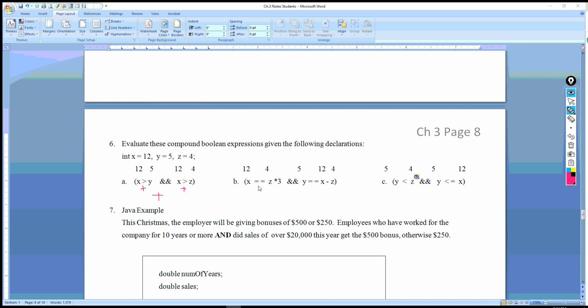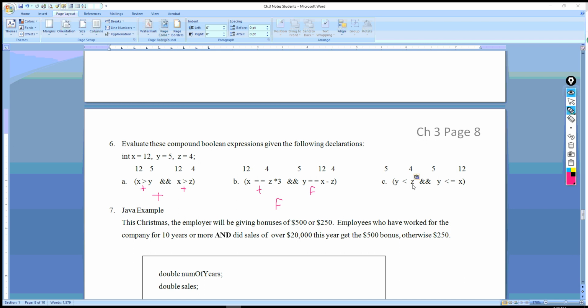Okay, in this one, 12 is equal to 12, so that's true. And then 5 is equal to 8 is not true, so this is false. And so she did the dishes but didn't do the trash, so the whole thing's false. You're not going to Dairy Queen.